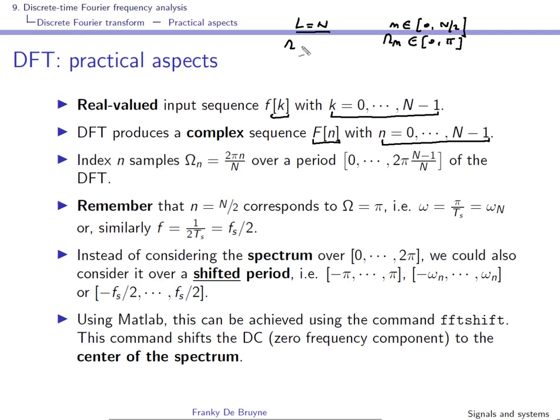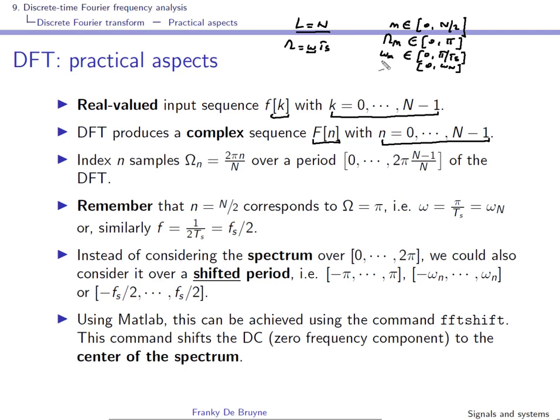We remember that the discrete frequency is the analog frequency times Ts. We are interested in the analog frequency, so it will also be indexed by this n, and it will range from 0 to pi over Ts. This is the same thing as from 0 to the Nyquist frequency.